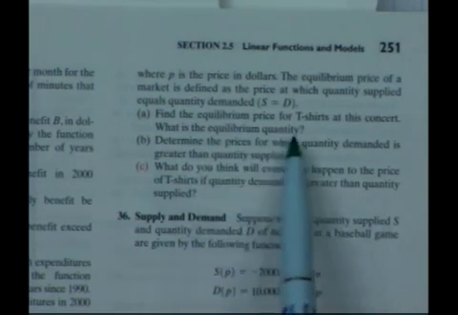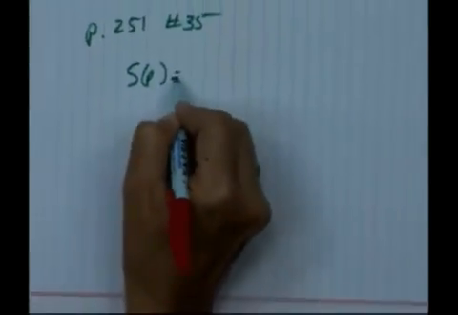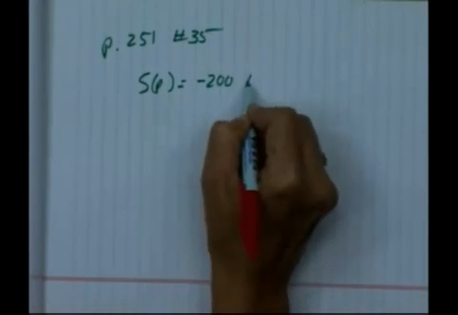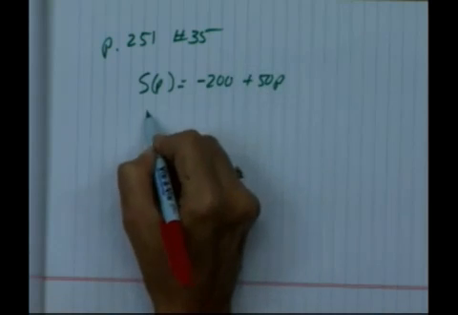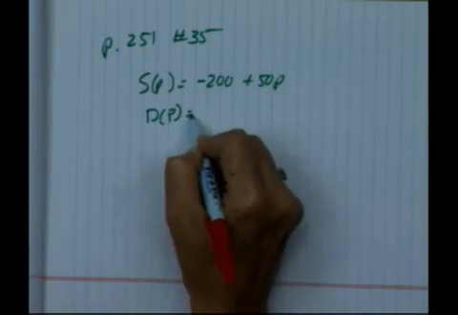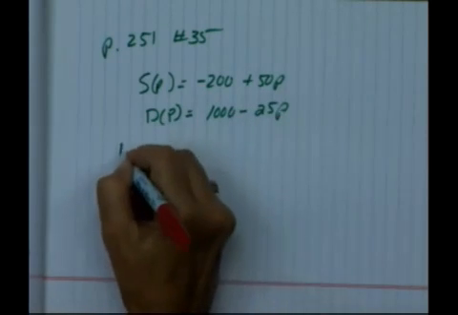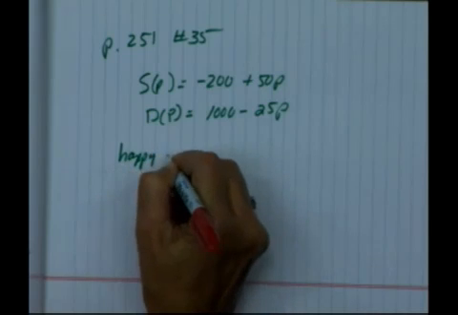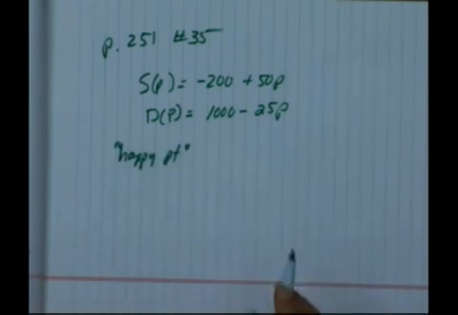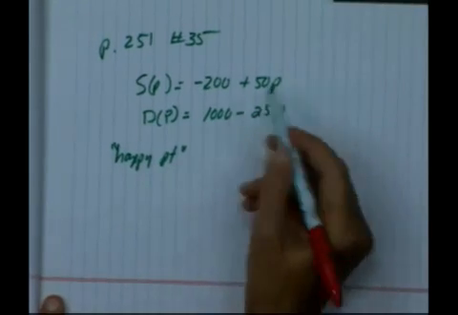So how do you find the equilibrium point if your supply is minus 200 plus 50p and your demand is 1,000 minus 25p? What are you going to do, everybody?